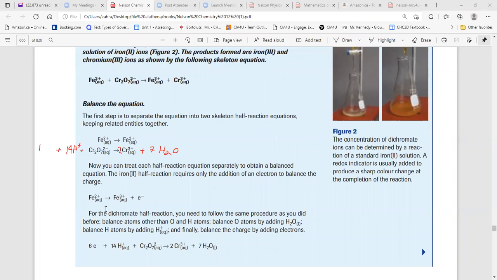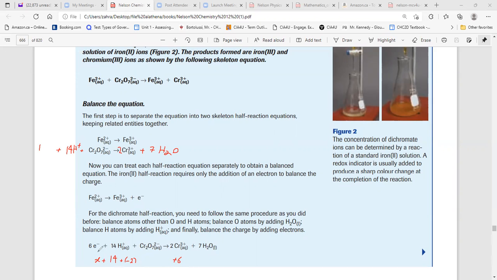Since here you have 14, the charge here is 14 positive. Here we have 2 negative, so plus -2. There you have a positive 12, right? I need to know how many electrons I need.